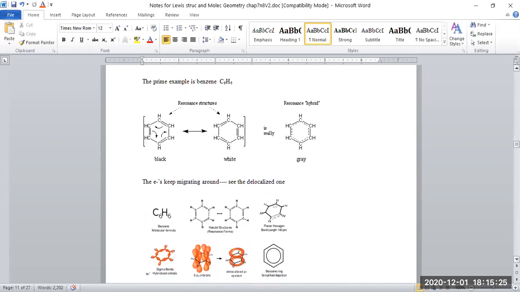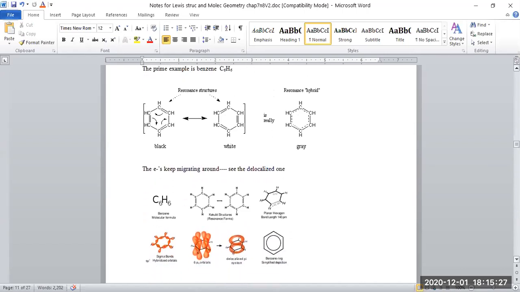And I have a whole bunch of different pictures here to give you as many options as possible for how it looks. You have alternating double bonds. If you look at the very first left-hand picture, you have a double bond at about 2 o'clock, and then another double bond down at about 5 o'clock, and then a third double bond over at around 9 o'clock.